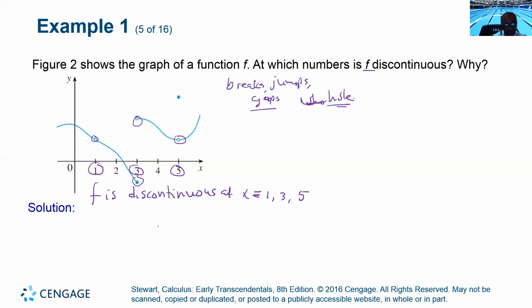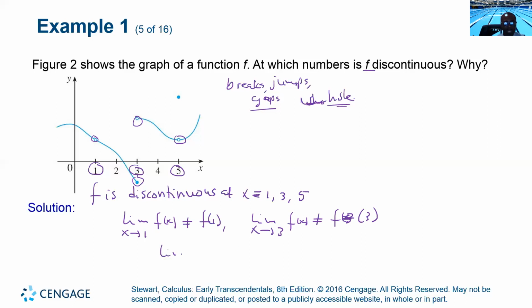Okay, so what you say is that in this case, at each of these values, for example, the limit as x approaches 1 of the function is not the same as f at 1. Similarly, the limit as x approaches 3 of the function is not equal to the function value at 3.